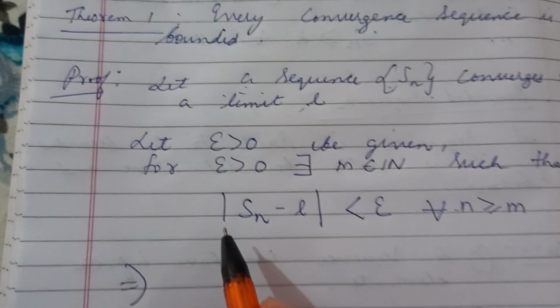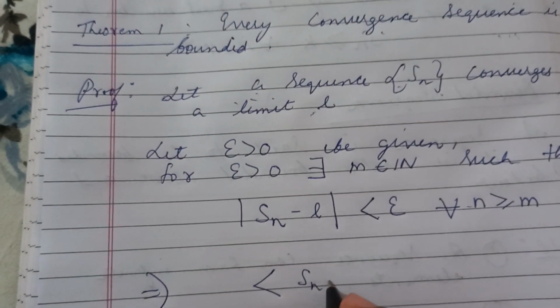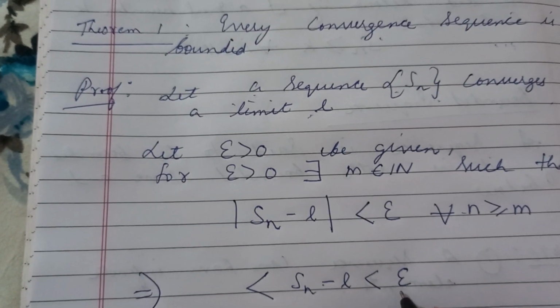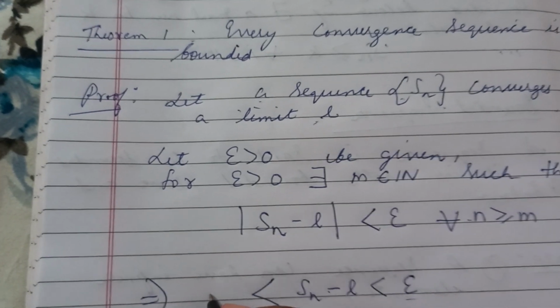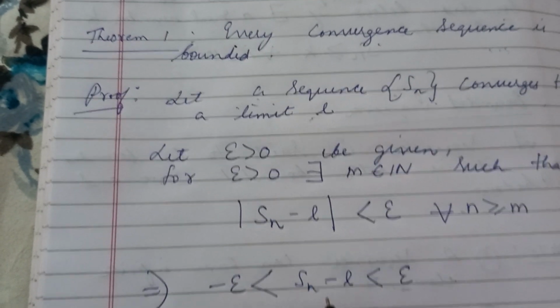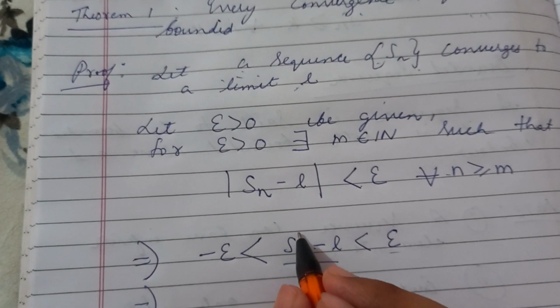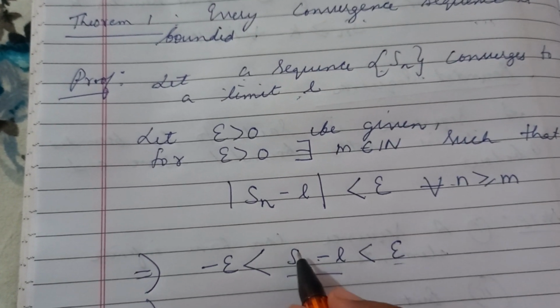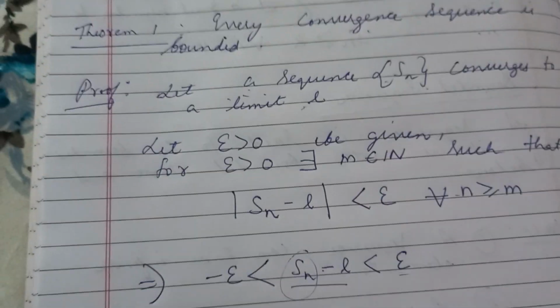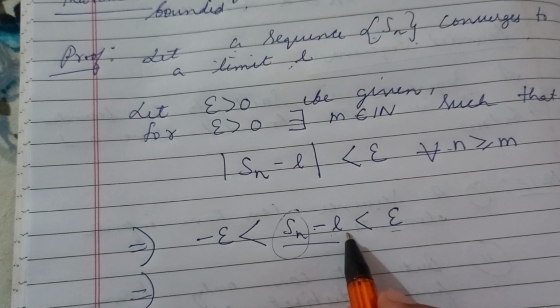If we remove the modulus, we have to consider both the sides. On this side there will be plus epsilon, on this side there will be minus epsilon. So we have to make the middle term such that we are left with only Sn. So we will be adding plus L on both sides.